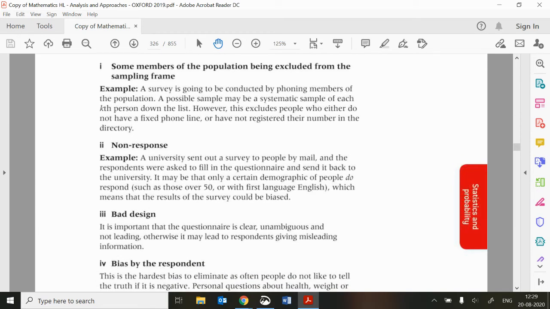Well, now some people aren't necessarily registered to be on that list or have taken themselves off the list.